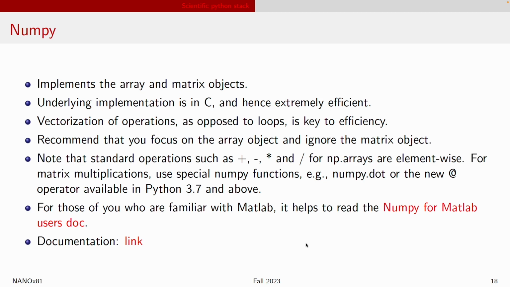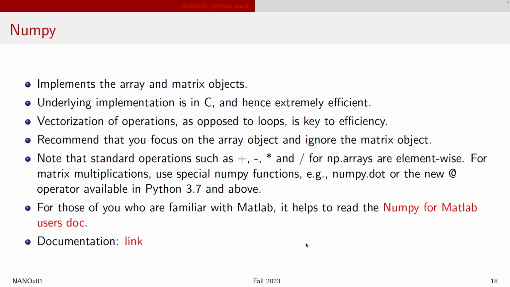The underlying implementation is actually in C, in the C programming language, and hence the operations themselves are extremely efficient, okay? So despite what you may have heard from other people about Python being slow or inefficient, if you actually do a lot of work in NumPy, the code can be basically as fast as a C program, okay?